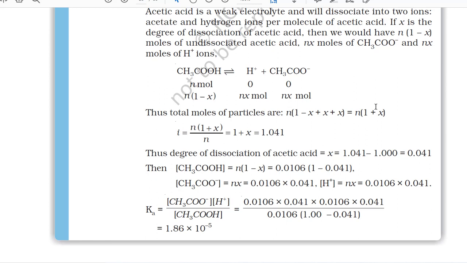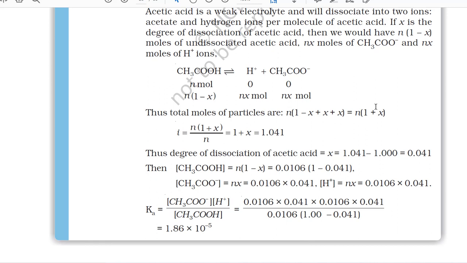Then CH3COOH is equal to N(1 minus X), which is equal to 0.0106(1 minus 0.041). CH3COO minus is equal to NX, which is equal to 0.0106 into 0.041. H plus ion concentration is equal to NX, which is equal to 0.0106 into 0.041.